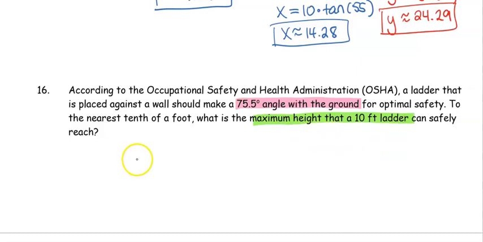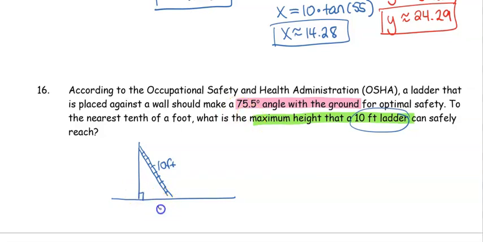So we have a ladder that is leaning. So here is my leaning ladder. We've got a 10-foot ladder, so this part right here is representing the ladder. It told us that the angle made with the ground, so this angle right here, should be 75.5. To the nearest tenth, what is the maximum height? So if we're trying to find the maximum height that the ladder can reach, we're looking for this side right here.